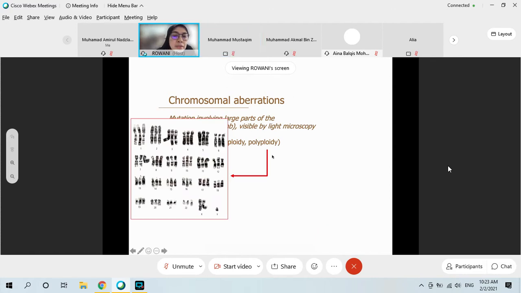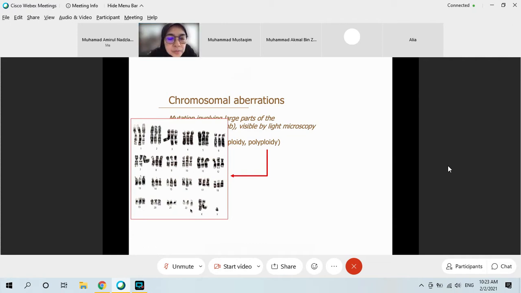And this, how many chromosomes are there? 23 times 3, right? So 69 chromosomes. So this is another type of chromosomal abnormality where there is a change in the number of chromosomes.